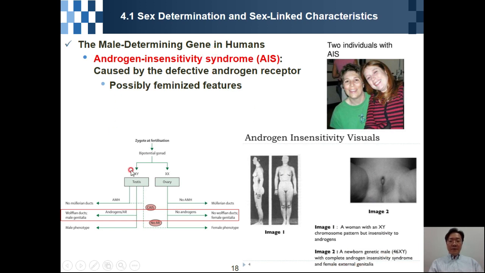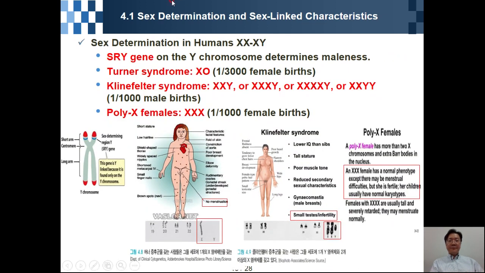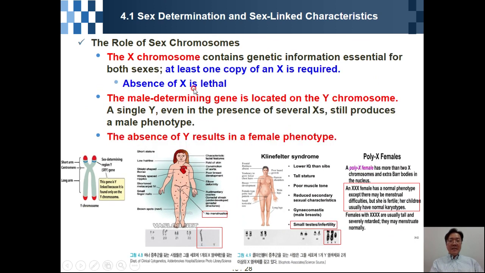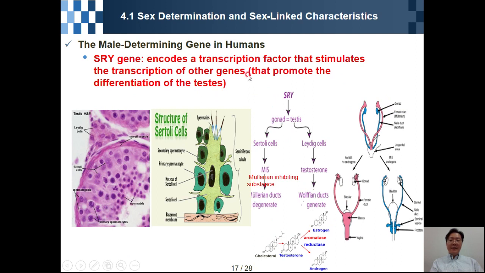So based on this finding, what can we say? We can say that on the Y chromosome, the SRY gene has a very important role in maleness, and the SRY gene can stimulate the transcription of other genes. What kind of genes? Genes that promote the differentiation of the testes.